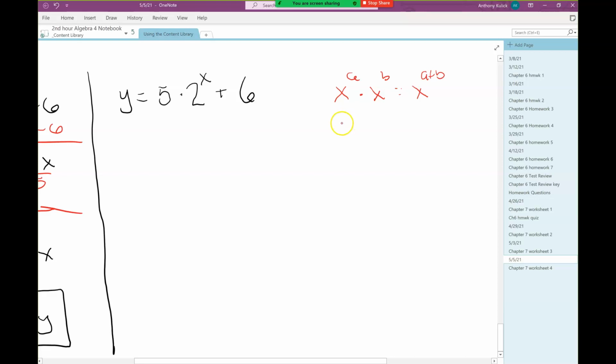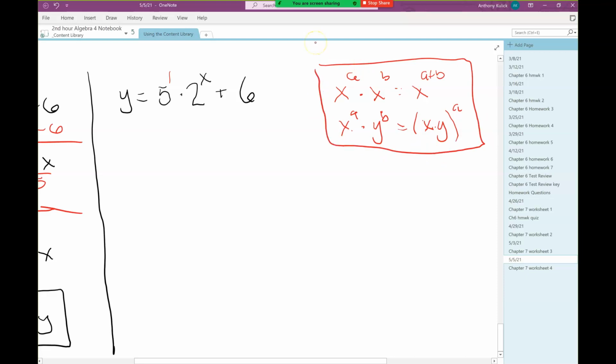The other situation we had was if the exponent is the same, we can multiply the bases together and keep the exponent the same. Well, the exponent is definitely not the same on 5 to the first and 2 to the x, so we can't multiply those things together. You need to do one of these two things to be able to multiply something together. Everybody's okay?